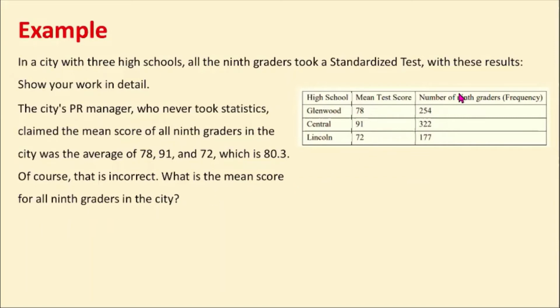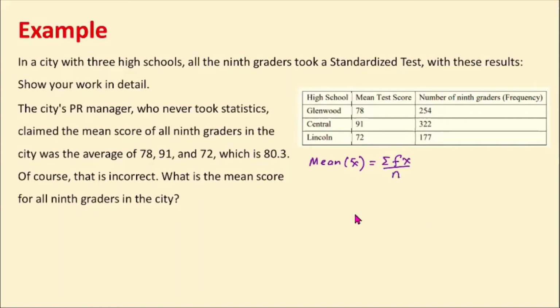So let's do that. This is the group data. And you know that the mean of the group data, let me write here, is given by the formula sum of f times x divided by n. That's our formula.